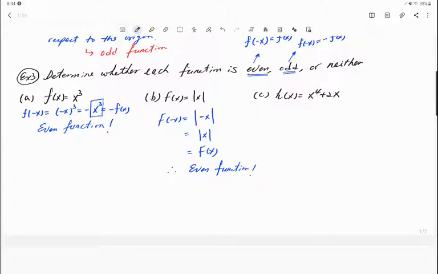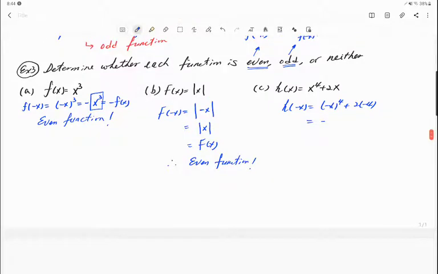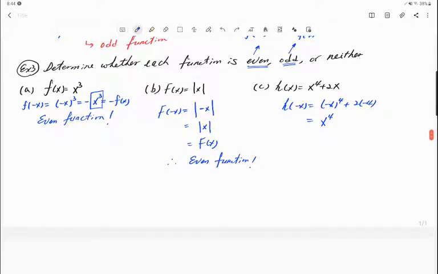All right, next one. Okay, h of x. Replace x with negative x, then negative x to the fourth power plus 2 times negative x. Then x to the fourth power is positive x to the fourth power. Sorry, this has to be a 4, right?